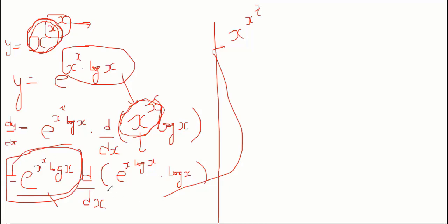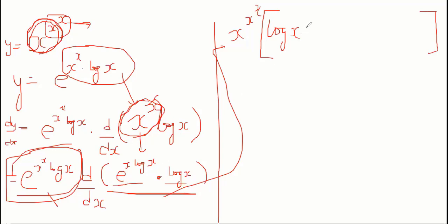अब करना है d/dx of this, e to the power x log x into log x. ये हमारा प्रोडक्ट फंक्शन हो गया ना. ये u हो गया, ये v हो गया. सो d/dx of u into v क्या होता है? तो पहले हमने सपोज log x को ऐसे लिख दिया, मतलब v को ऐसे लिख दिया, तो d/dx of e^(x log x).